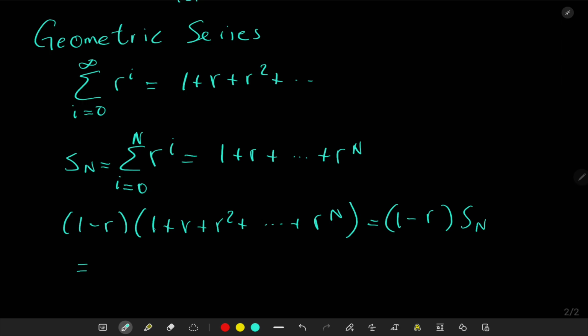You're going to have 1 that multiplies this one, so 1, plus 1 that multiplies this one, so plus r. But I'm going to do it in steps. I'm going to grab this r and multiply it times 1, so minus r, and then multiply this one times this one, so minus r squared. So you see, I did the first and the second times the first two.